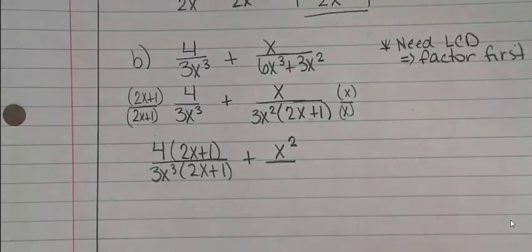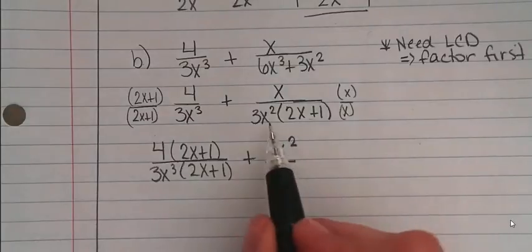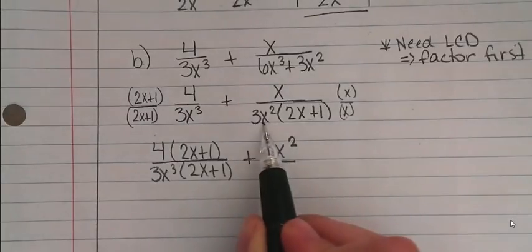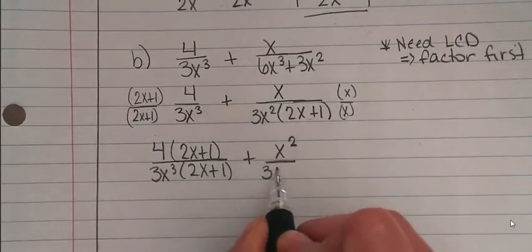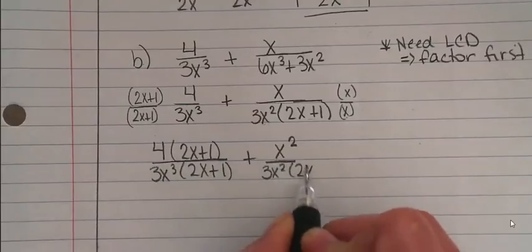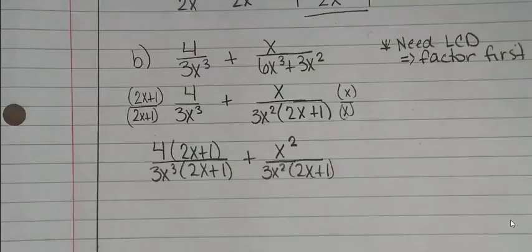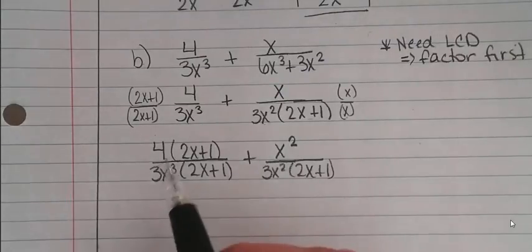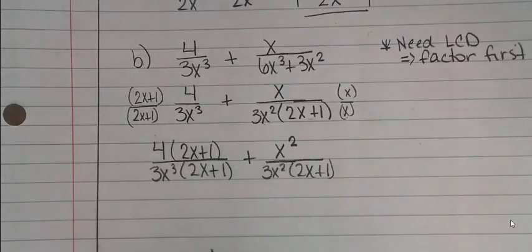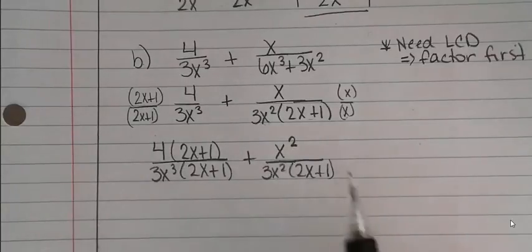Sorry, I'm off of this page there. x squared. And over here, this x, I can multiply it to there, and I'll have 3x cubed and 2x plus 1. Do I have common denominators now? I do. Okay, so what I'm going to need to do now maybe is distribute my 4 here, so that way I can add all that together.